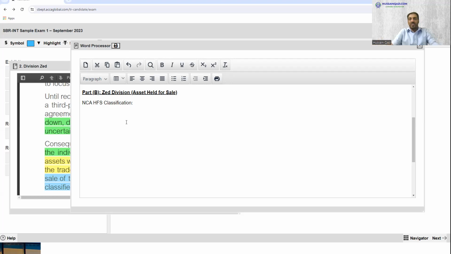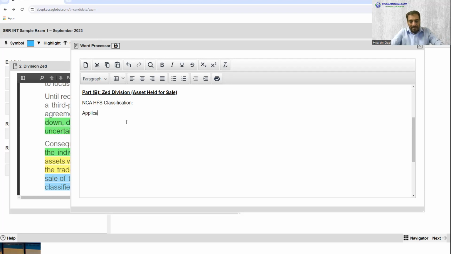For example, make the statement that to classify the assets of the Z division as held for sale, it would be necessary to consider the conditions of IFRS 5 at the reporting date, 30th September X5. So the first point is very basic. If you want to classify Z division as held for sale at the reporting date, the conditions should be met.